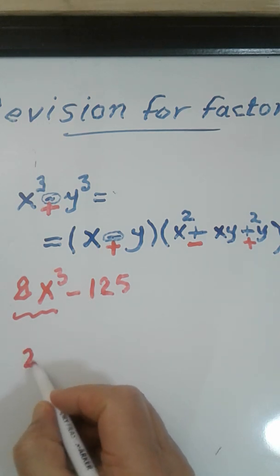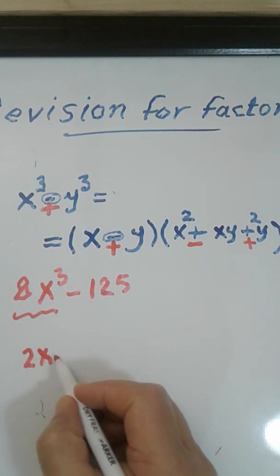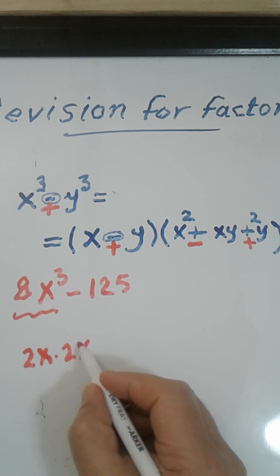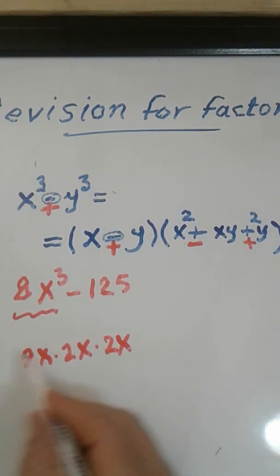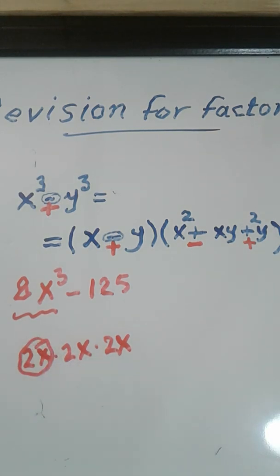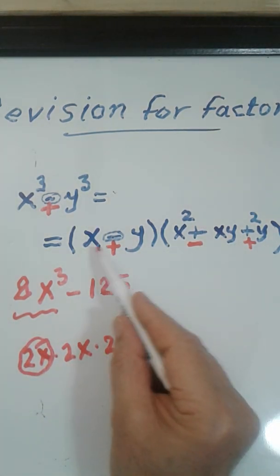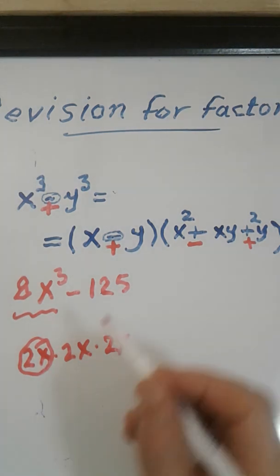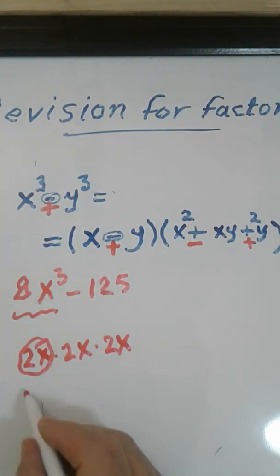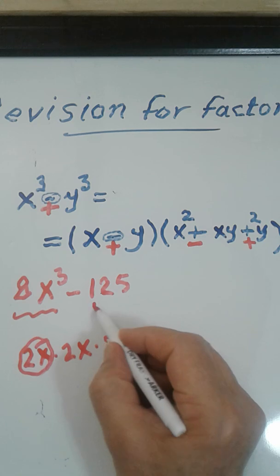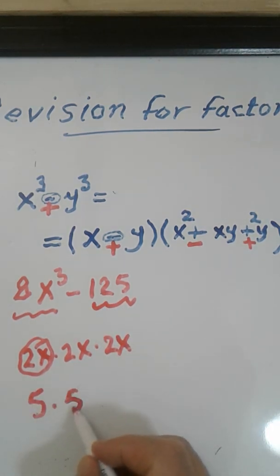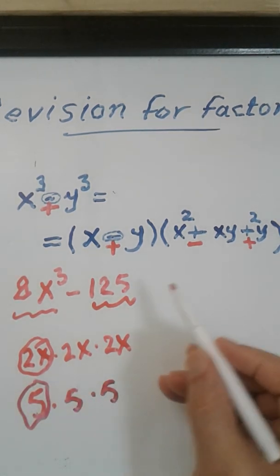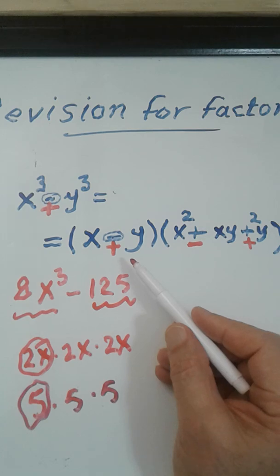That means 2x times 2x times 2x. So we take one of them and write it in the first bracket. And also 125 is 5 times 5 times 5. We take one of them and write it also in the first bracket.